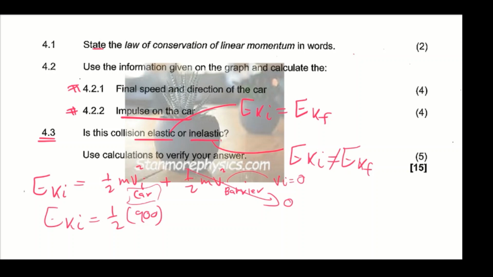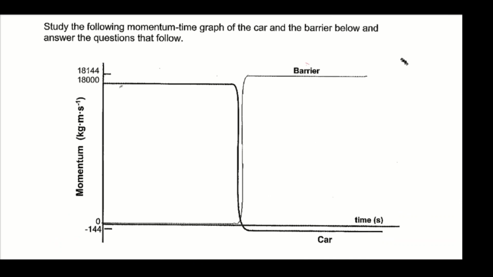To find the initial velocity, we know the initial momentum, which is 18,000, and we know the mass, which is 900. So P equals MV.